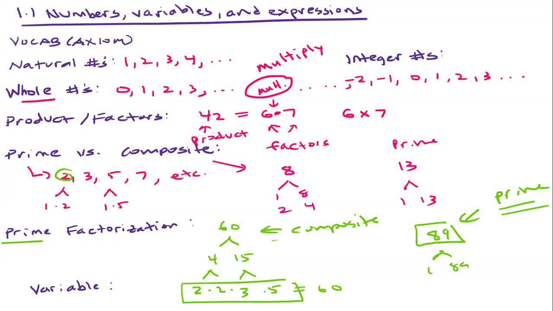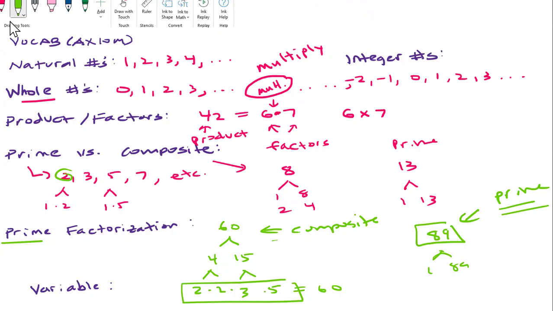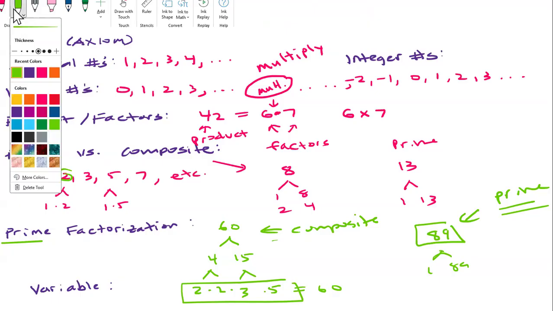All right. The next part here is variable. In mathematics, they are intentional about the variables that they pick, mostly in, say, geometry.